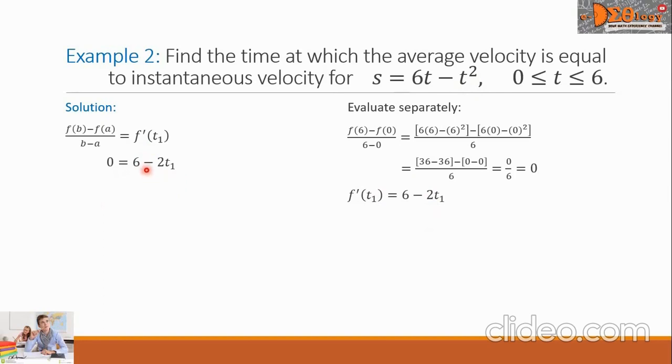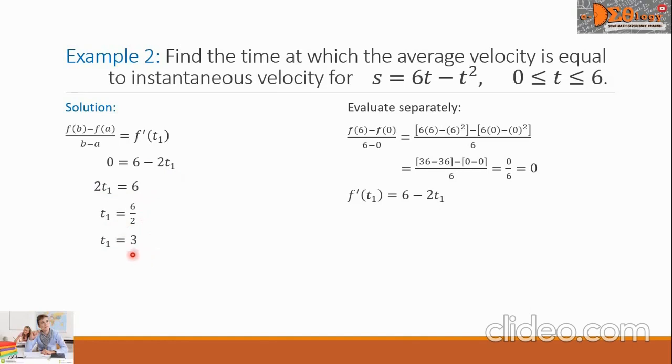Let us transpose the negative 2t sub 1 to the left side. The negative sign becomes positive, 2t sub 1 equals 6. Let us divide this equation by the coefficient of t sub 1, which is 2. So t sub 1 is equal to 6 over 2, and the quotient here gives us the value 3.